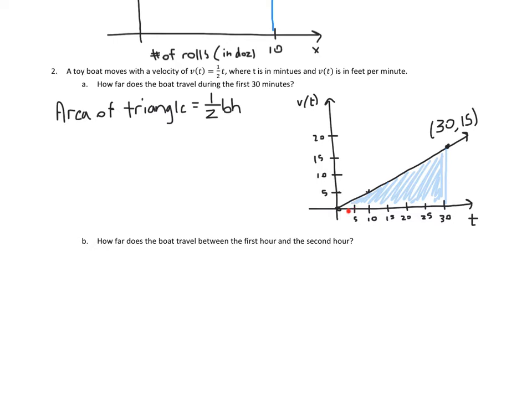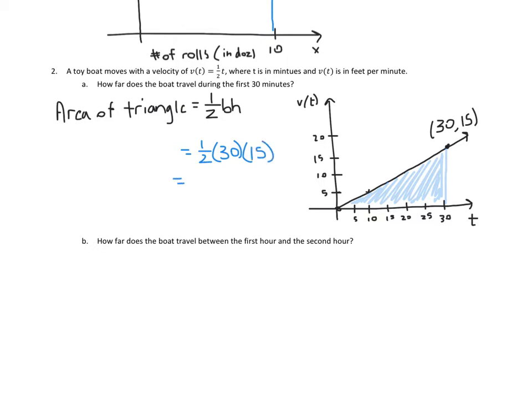So this distance along the bottom of this triangle equals 30. So we have 1/2 times 30, and then times the height of the triangle. If we look here, the height of this triangle is this distance, which we know is 15 based on this point along the y-axis. So our height is then 15.